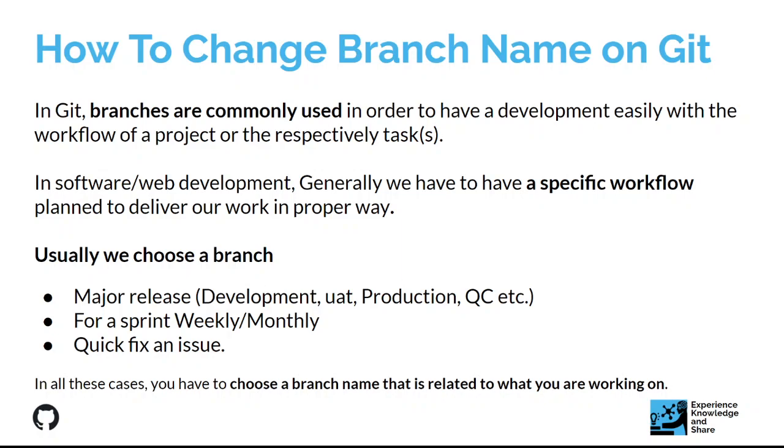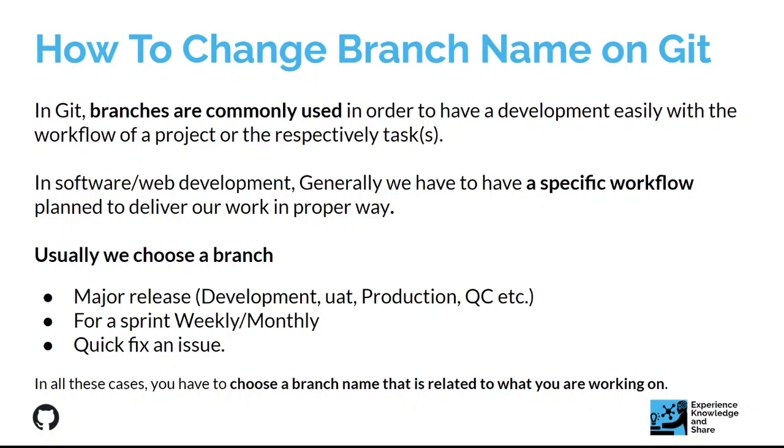So usually when we have to choose a branch, what are the ways we can use? First is major releases. When we have major releases or a number of environments set up, we plan to create a number of branches like development, UAT, stage, production, QC, QA, or with respect to their needs.